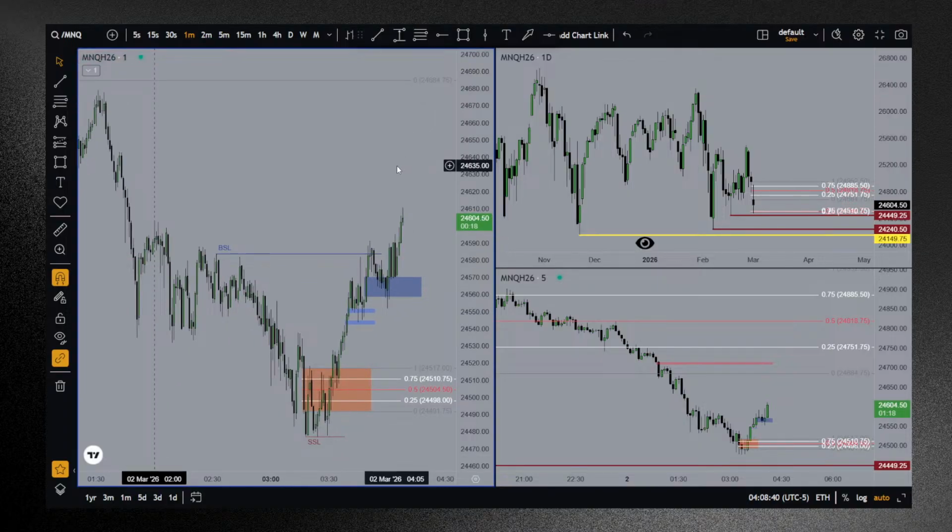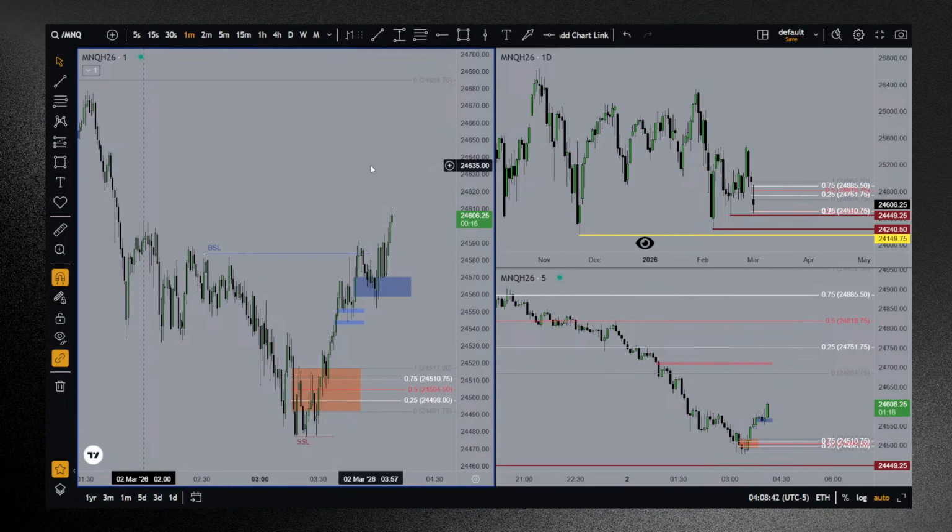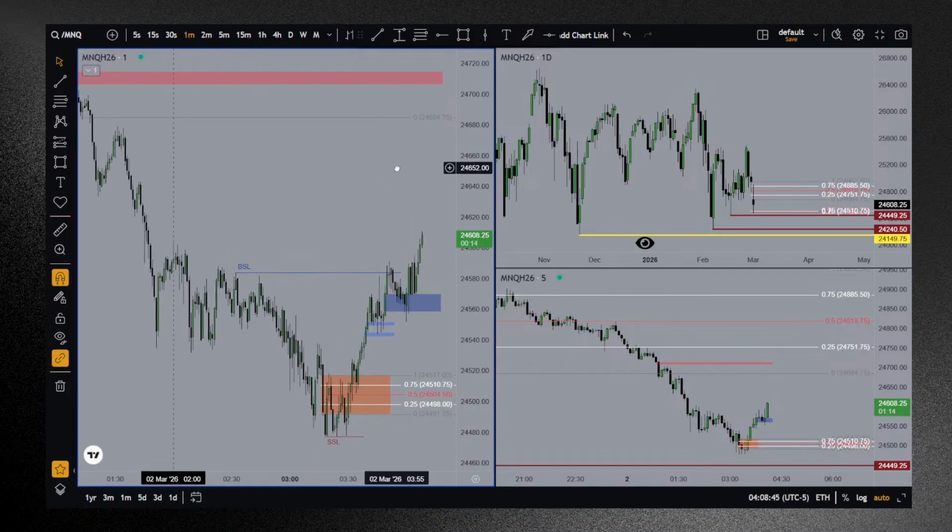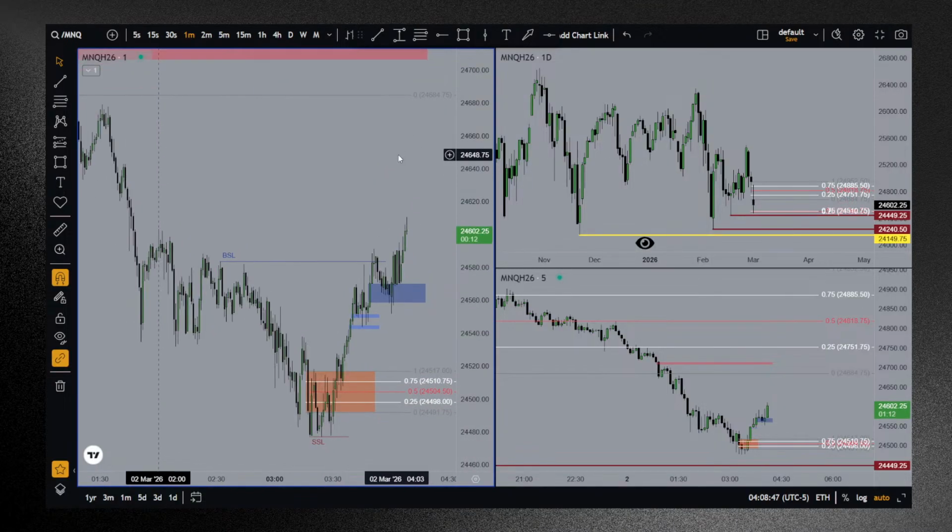But then I will very strictly be watching, observing, and demanding premium sensitivity off of the lower half of the new week opening gap, right?